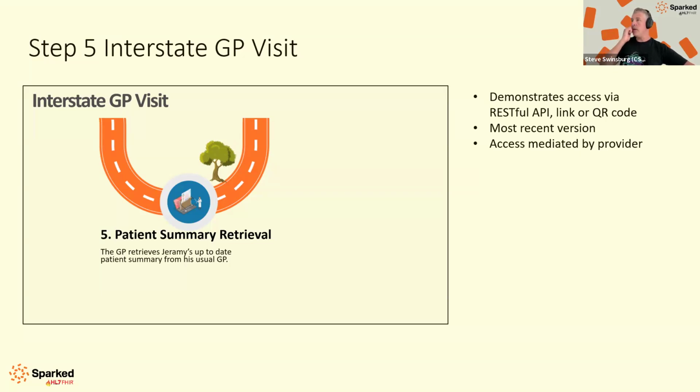Kevin, yep, you've got your hand up. Thanks, Steve. Can I just ask for some clarification for this step as well as the other scenario? Does this one, for example retrieval, imply the way in which this IPS is being generated or curated?